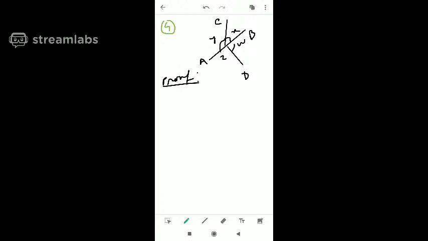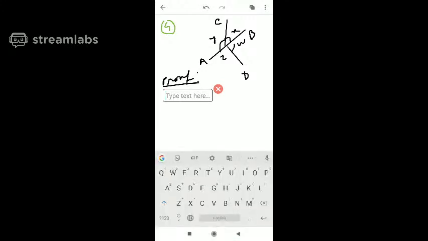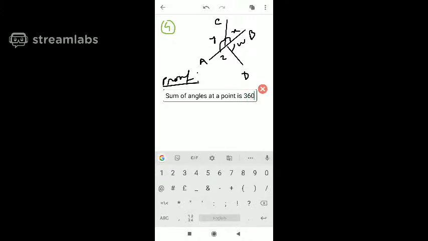Sum of all angles at a point is 360 degree. So we can write like this: sum of angles at a point is 360.